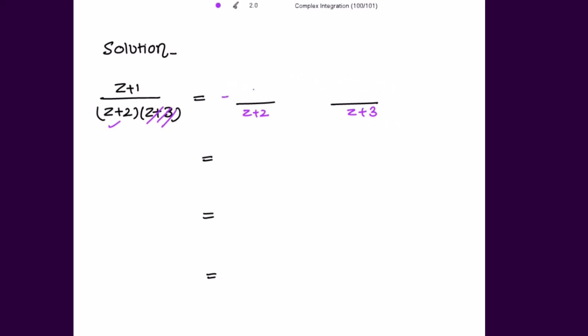So this is minus 1 and this is simply 2. Because I need the format 1 plus the expression in z, so taking 2 and 3 common from the denominator. So this is minus 1 over 2 into (1 plus z over 2) plus 2 over 3 into (1 plus z over 3).